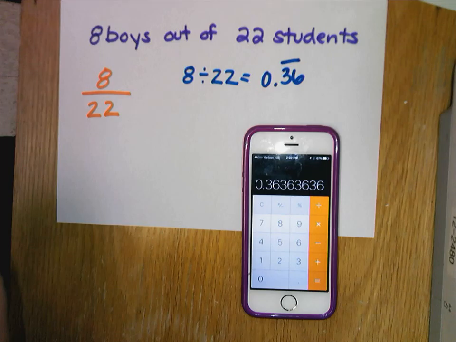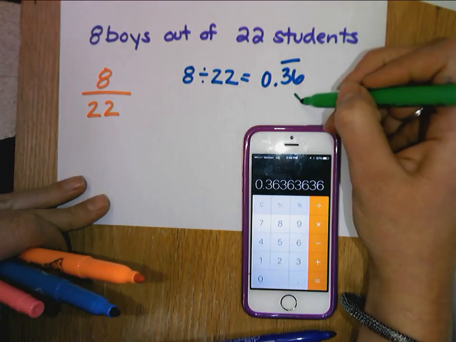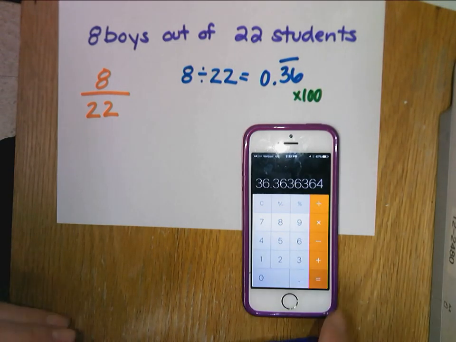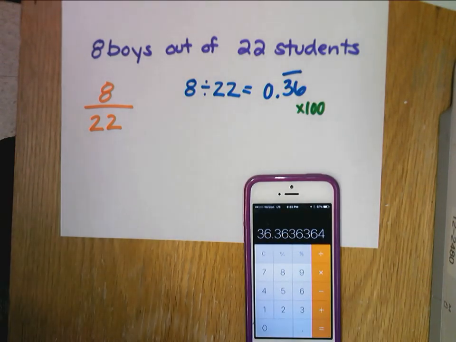So that would be the decimal value of boys in a classroom, but I can't stop there. I need to now convert it into a percentage. And in order to do that, I need to multiply by 100. So whenever I multiply by 100, I am going to get 36.36 repeating percent.